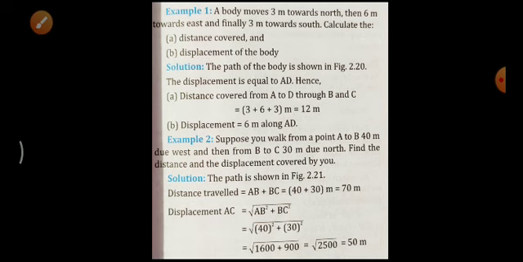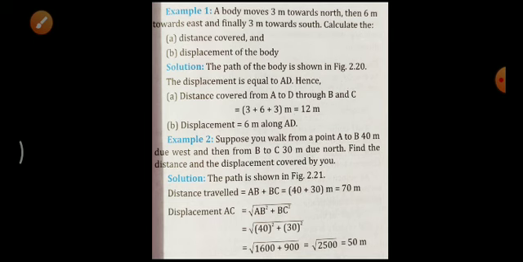So we can calculate the distance between A and C, the initial and the final point: AC is root over of AB squared plus BC squared, equal to root over of 40 squared plus 30 squared, equal to root over of 1600 plus 900, equal to root over of 2500, which is 50 meter will be the answer.